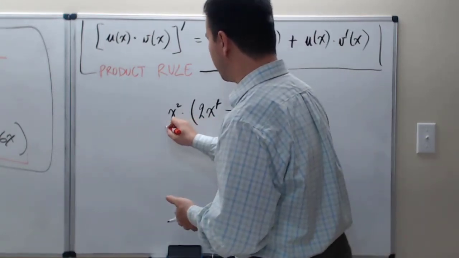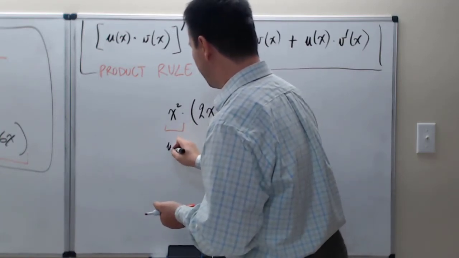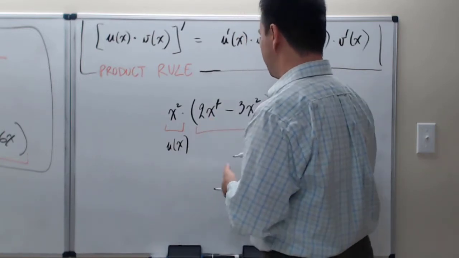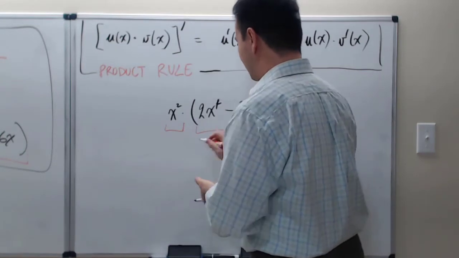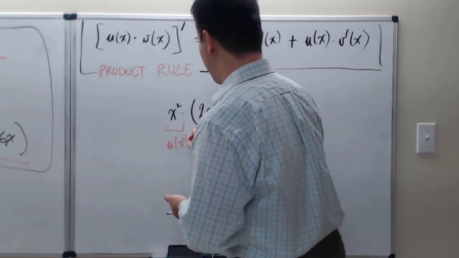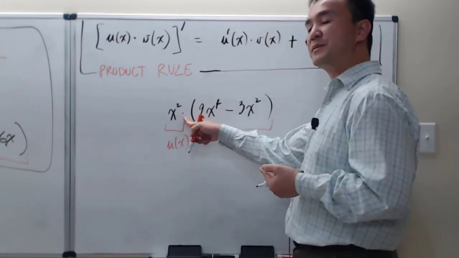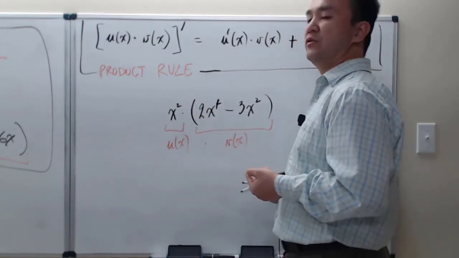We can regard this as u of x, and this right here as v, so what we have here is a product of u and v.